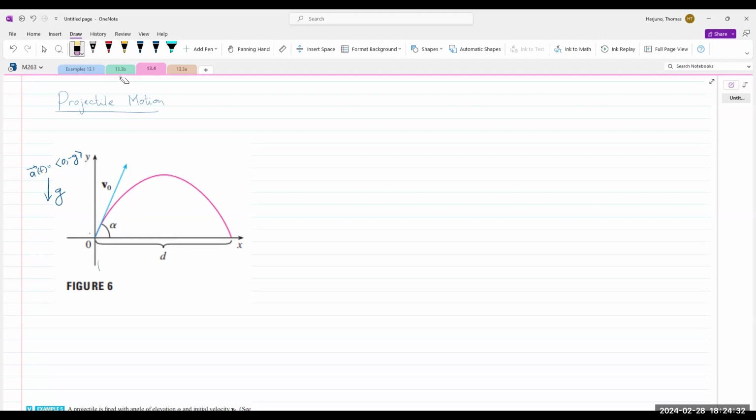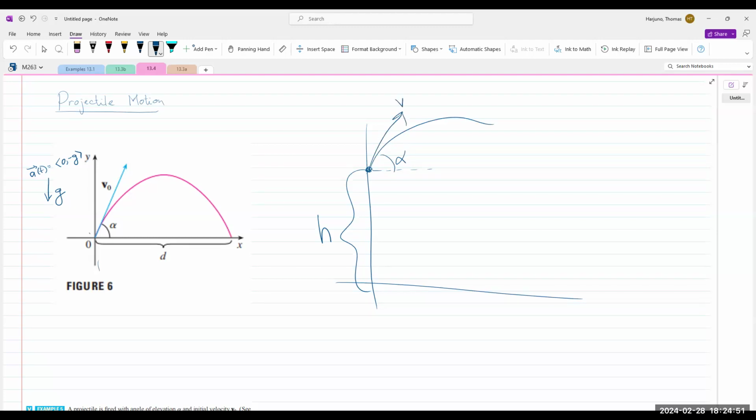Now, of course, in another case later on, we will see what happens if I throw that stone, or my projectile, not starting from height 0, but from a certain height. Let's say I shoot that at angle theta or angle alpha with initial velocity v naught.